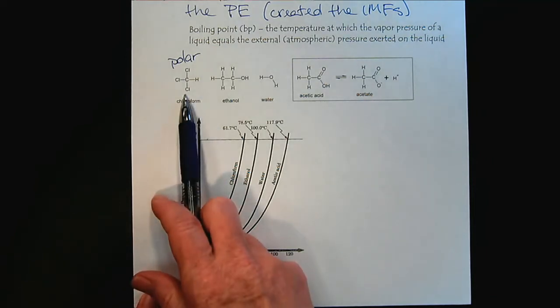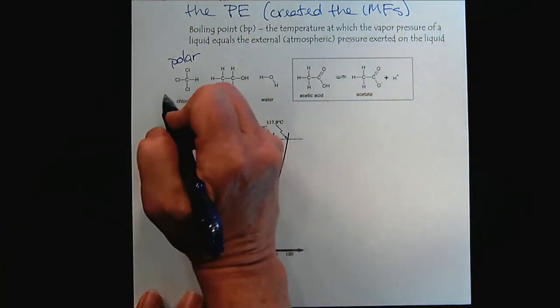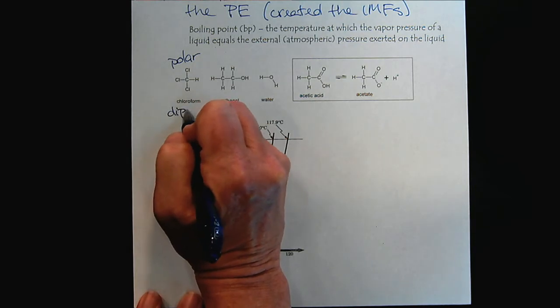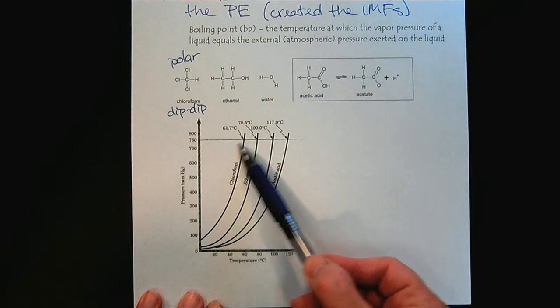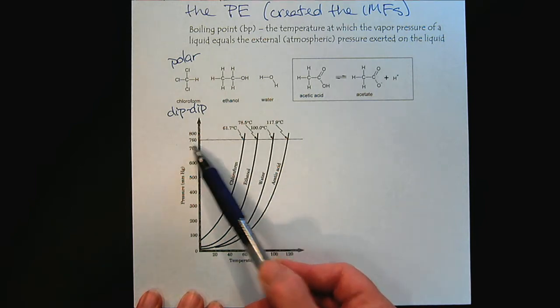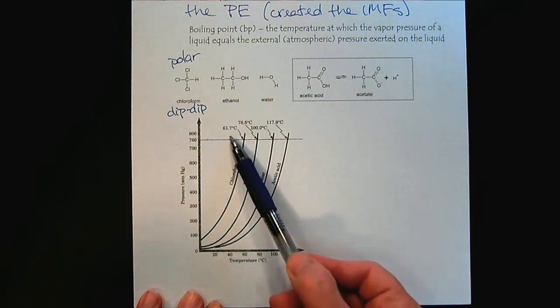Since there's no nitrogen, oxygen, or fluorine, this molecule is clearly dipole-dipole. Here at 0 degrees is the vapor pressure of chloroform, and as we increase the temperature, we increase the vapor pressure until it reaches atmospheric pressure, and so the boiling point of chloroform is about 62 degrees.